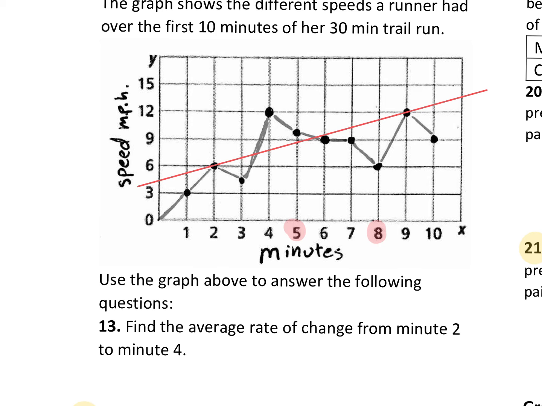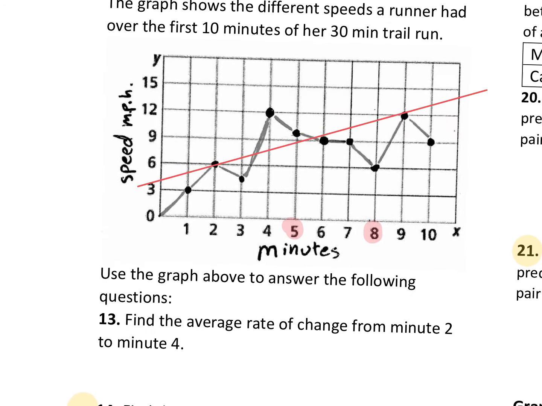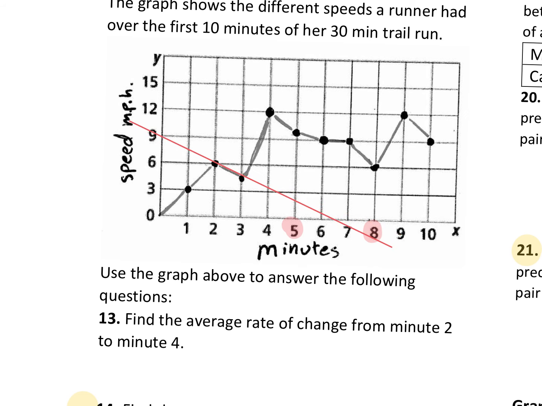As long as you're not picking minutes 2 and 3, that would be horrible, or minutes 1 and 4, or minutes 1 and 2, same line. You want to pick 2 points that give you the line that best fits.